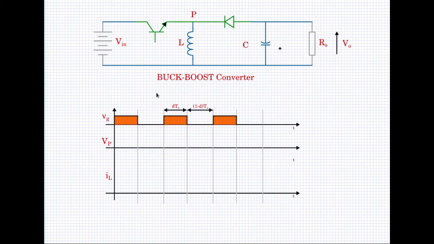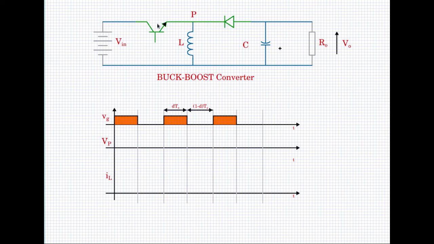Now consider the buck boost converter, the third of the primary converter. You recognize the topology, I suppose. Here you see that the inductor is in between, neither on the input side nor on the output side.